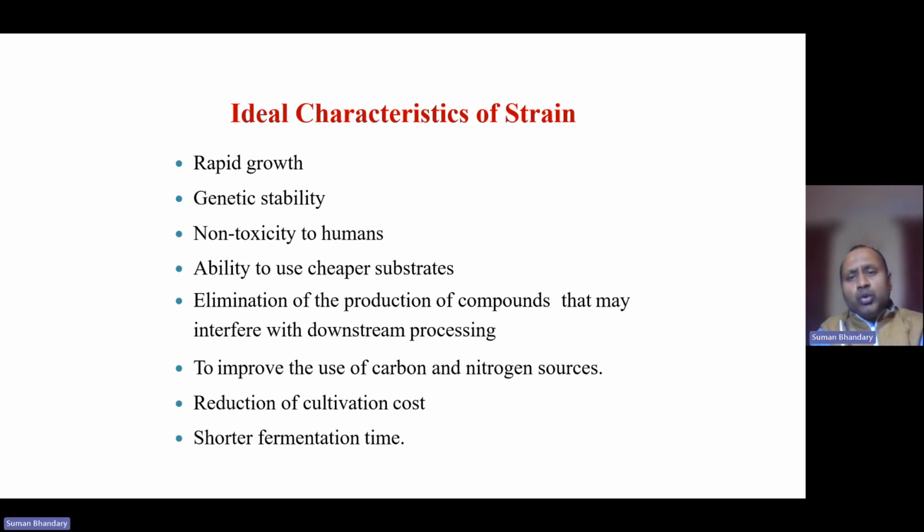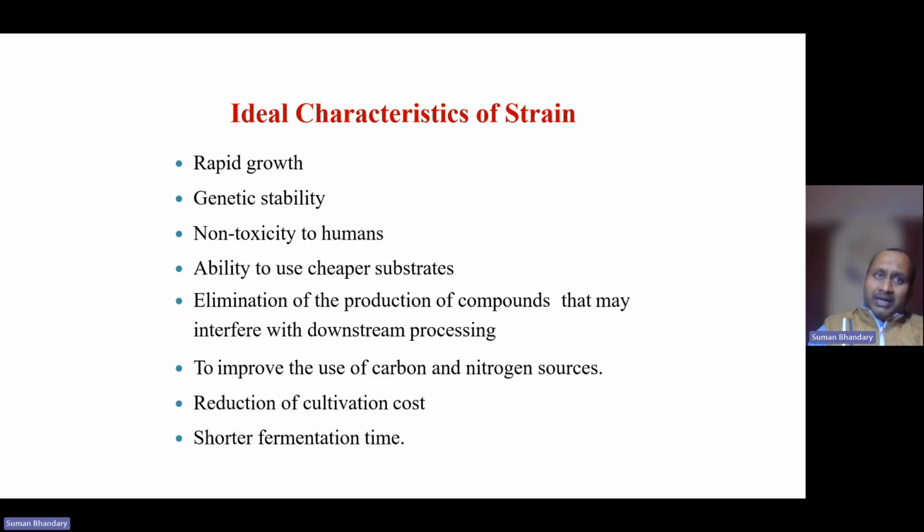Limited or no need for growth factors like vitamins or amino acids, and they can utilize a wide range of low cost and readily available carbon sources. Amenability to genetic manipulation. They should be non-pathogenic and they will not produce any toxic product or byproduct.